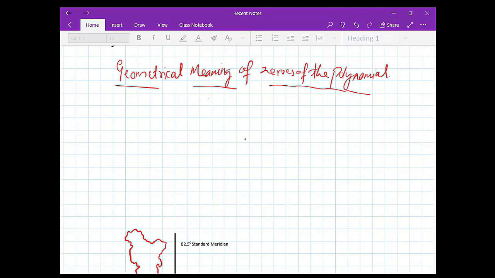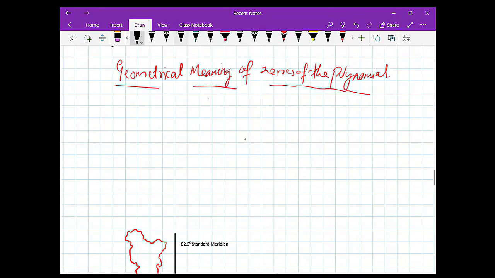First, we will discuss linear polynomial. What is the geometrical meaning of a linear polynomial?